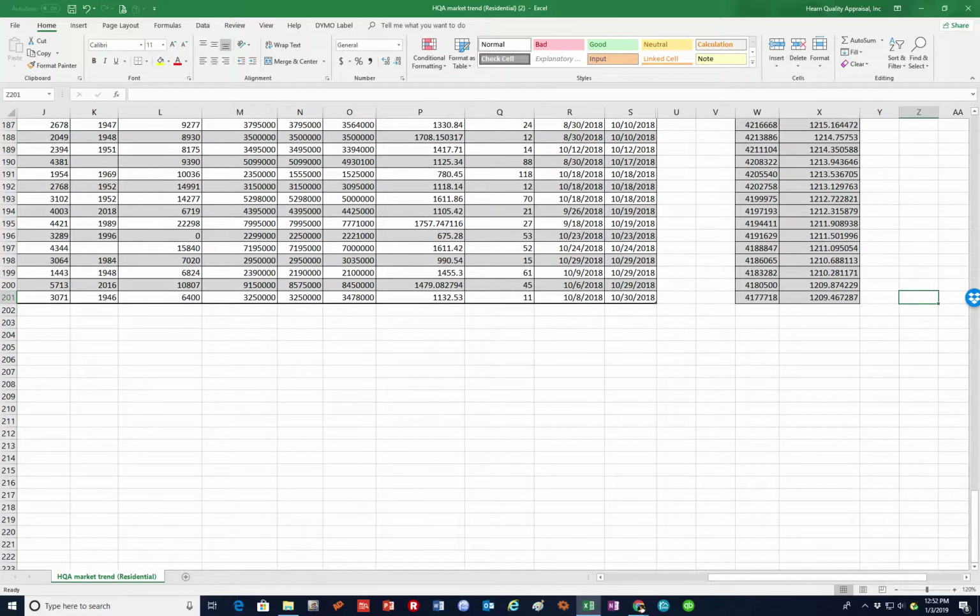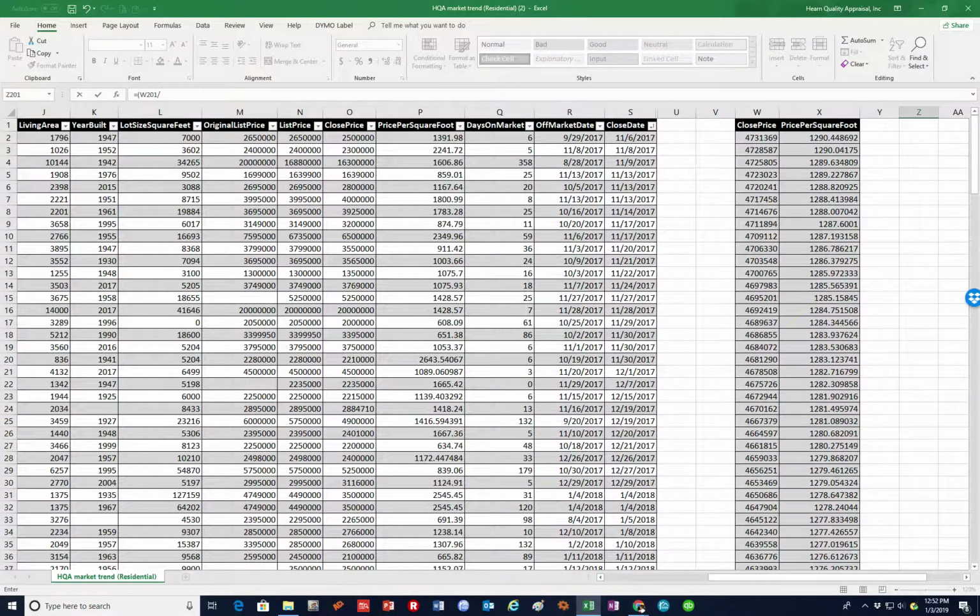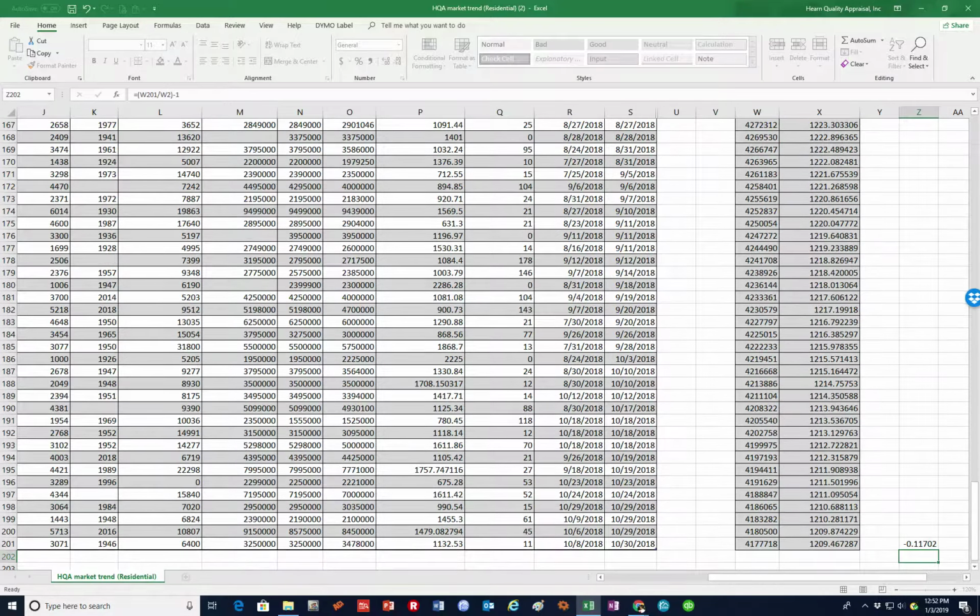So let's calculate that. So that equals the last trend divided by the first trend minus 1 gives us a negative 11.7%.